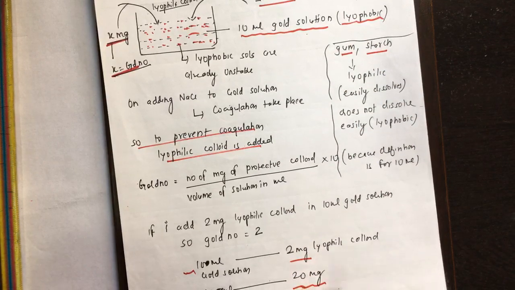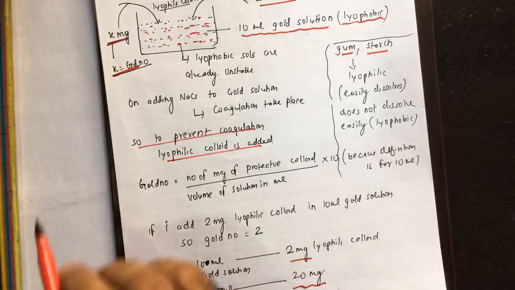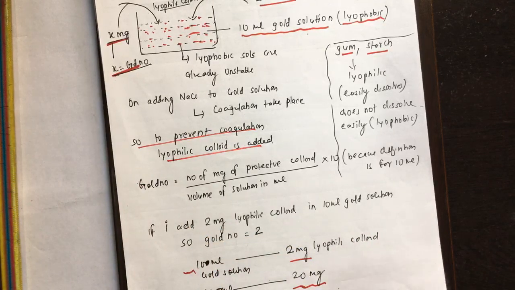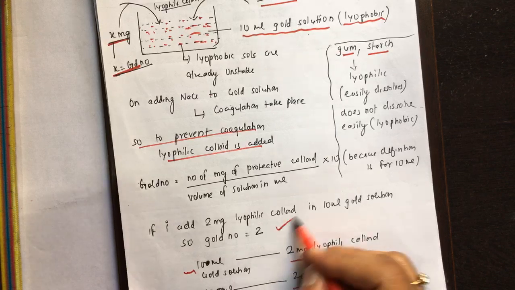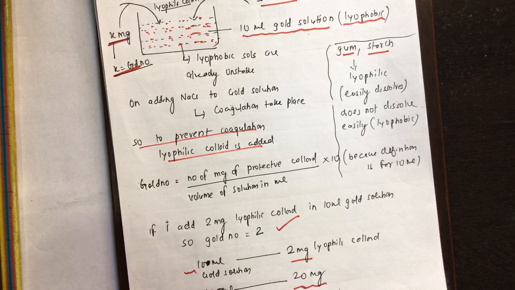Let's suppose you add 2 milligram of lyophilic colloid in 10 milliliter gold solution, then the protective power, the gold number, will be equal to 2. For example, if you are using a 100 ml solution, then you need to add 20 milligram.